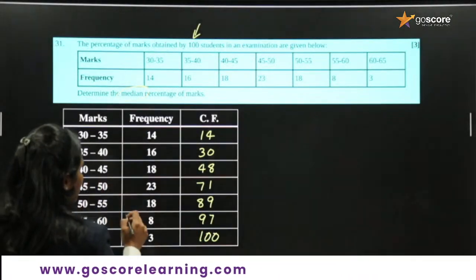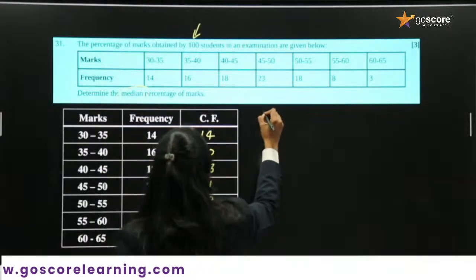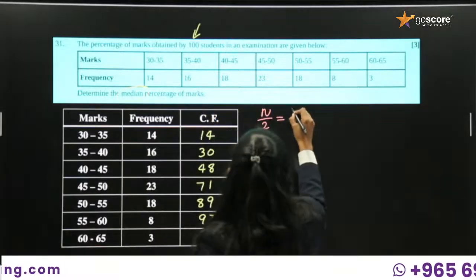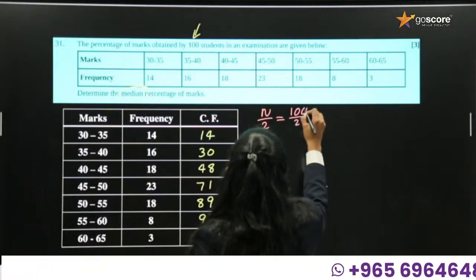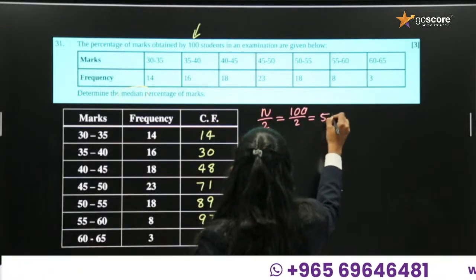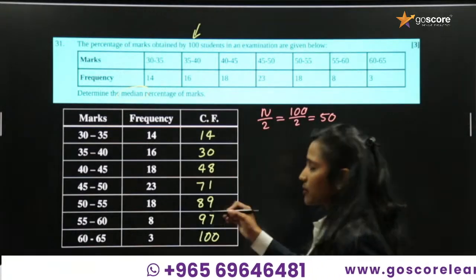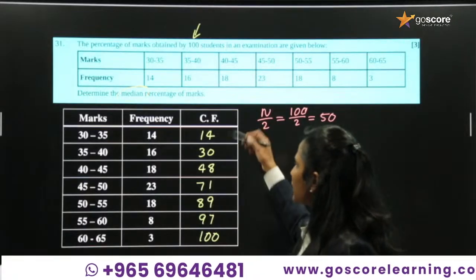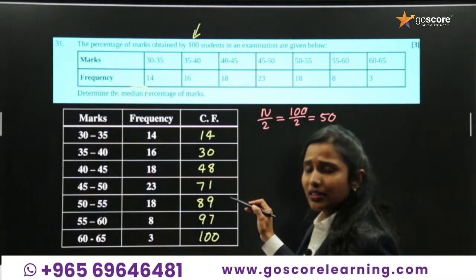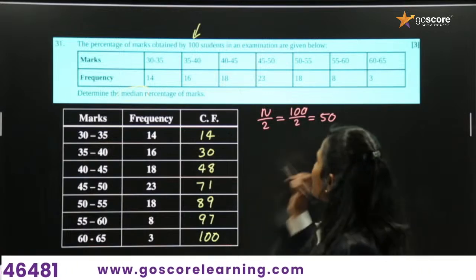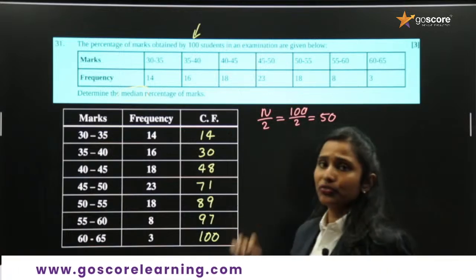Okay, now we need to find n by 2. N by 2, the total number is 100. 100 divided by 2 is equal to 50. Now we will search for 50 in the cumulative frequency. But there is no 50 in this. So if 50 is not in the cumulative frequency, we will go for the value just above 50.